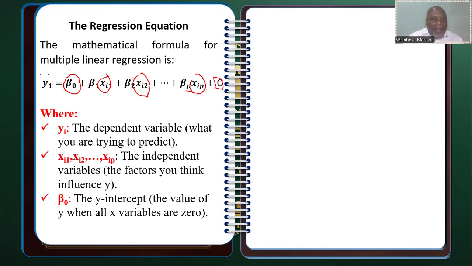Let me repeat here. This y is our dependent variable, the variable you'll try to predict. You'll try to estimate the value when you have input the several independent variables.